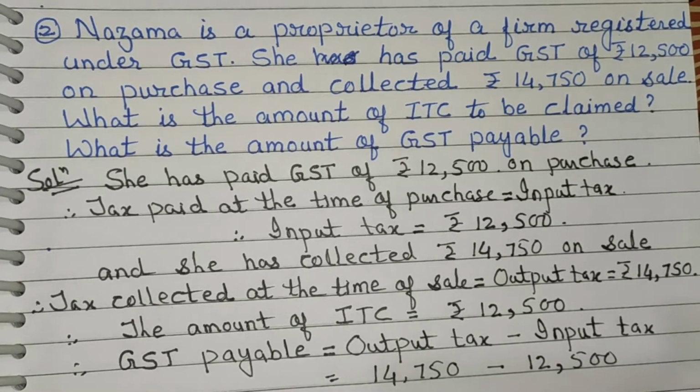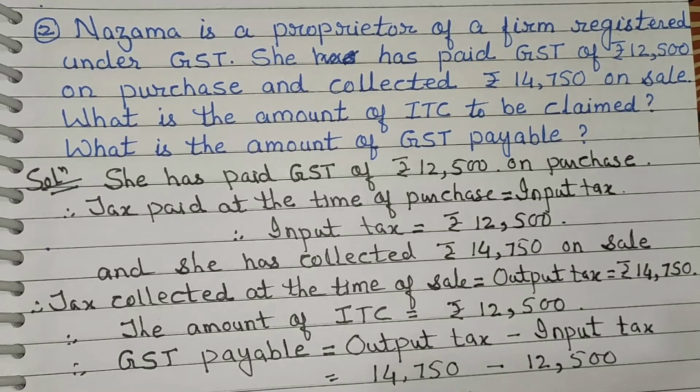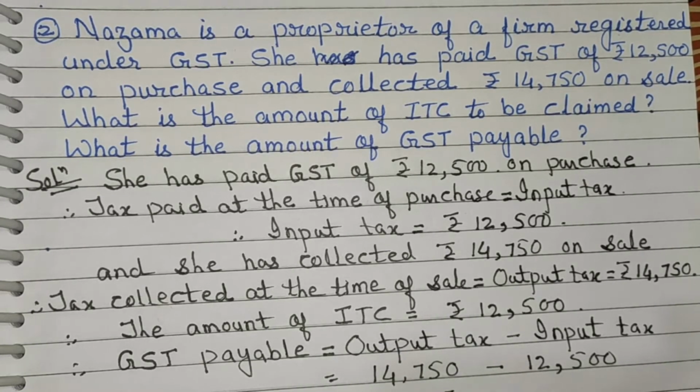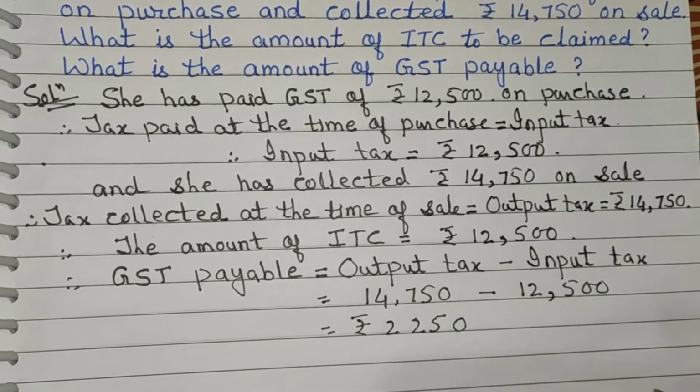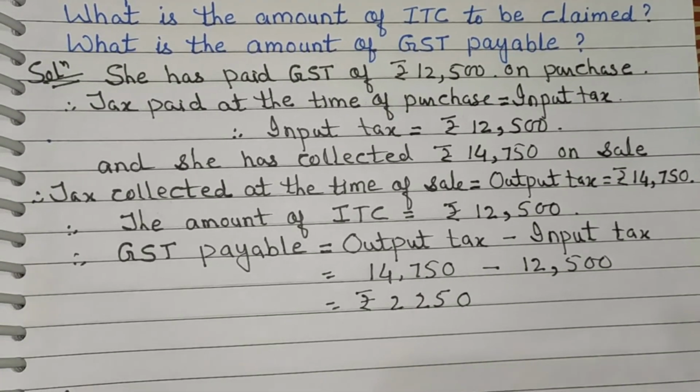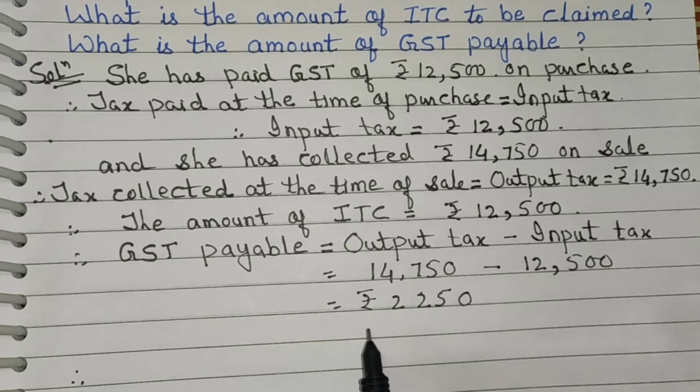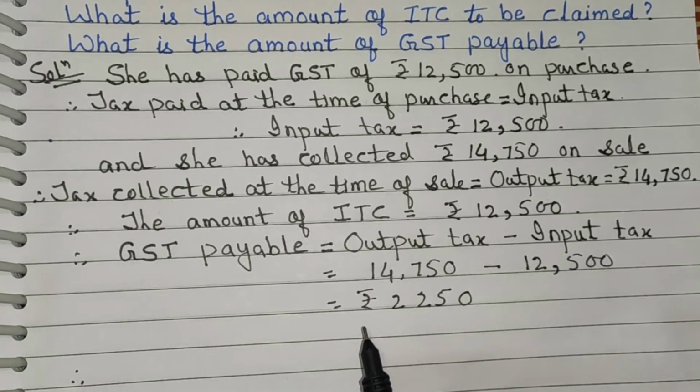Now minus it, 0, 5, 7 minus 5, 2, 4 minus 2, we get 2. 1 minus 1, 0. Now we get here 2250. Therefore, it is the GST payable. Now write down the answer.